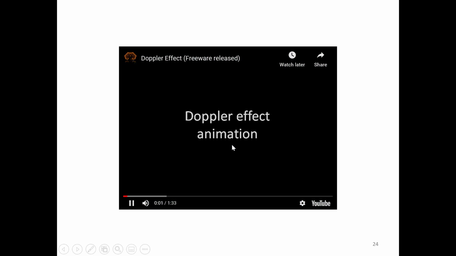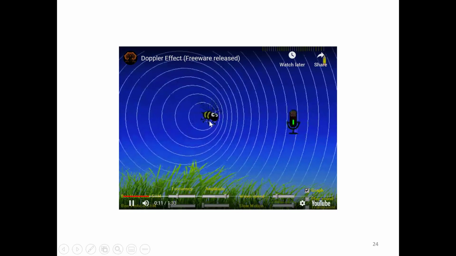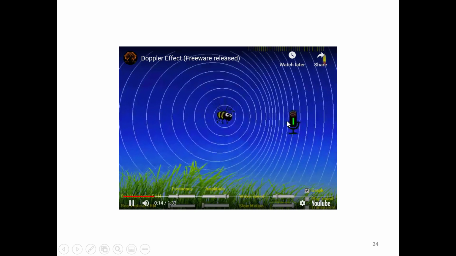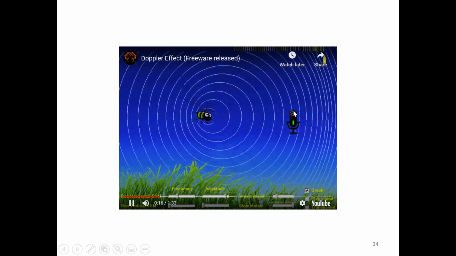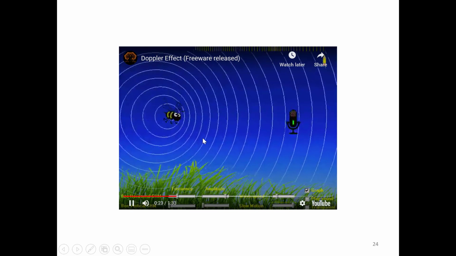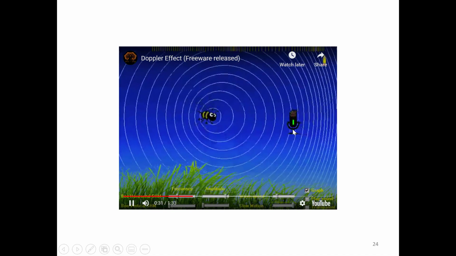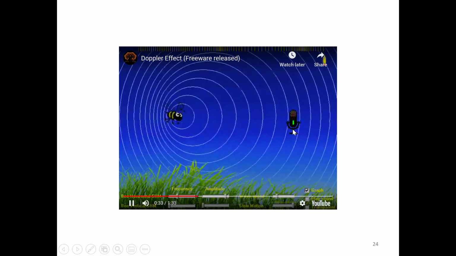In this animation, we will see how, when the source of sound is moving with respect to the observer, the wavelength changes. When B, which is the source of sound, is approaching the observer, the wavelength will decrease. As we can see now how the wavelength decreases, and this is why this observer will perceive the frequency increases.